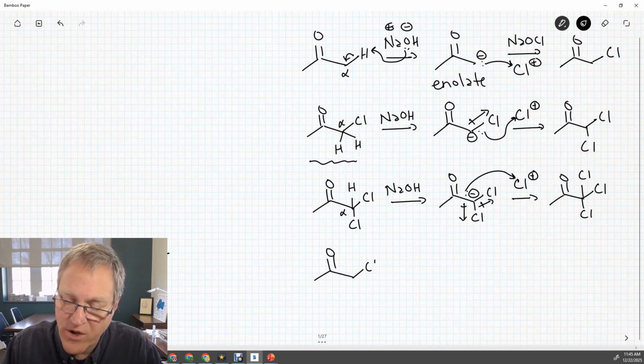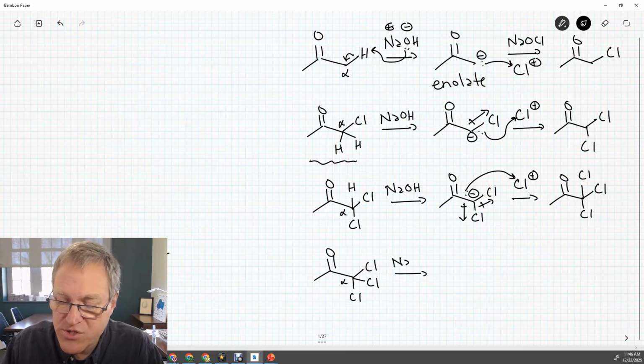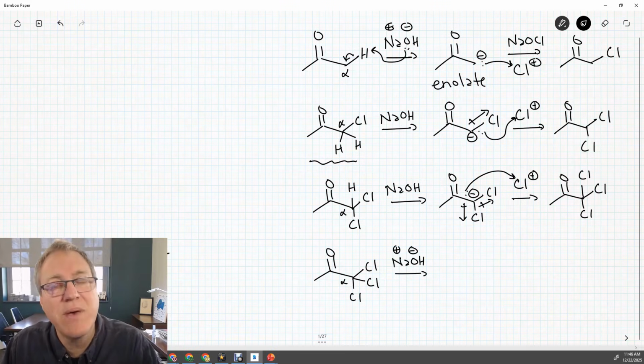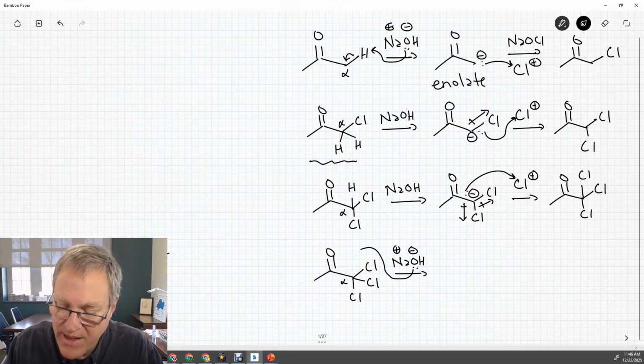Okay, so now something different is going to happen. Now we have 3 chlorines. We no longer have a hydrogen on that alpha carbon, but there's something sodium hydroxide can do. Sodium hydroxide is a nucleophile. It's not just a base, it's also a nucleophile. It's electron rich. And it can attack the carbonyl carbon.